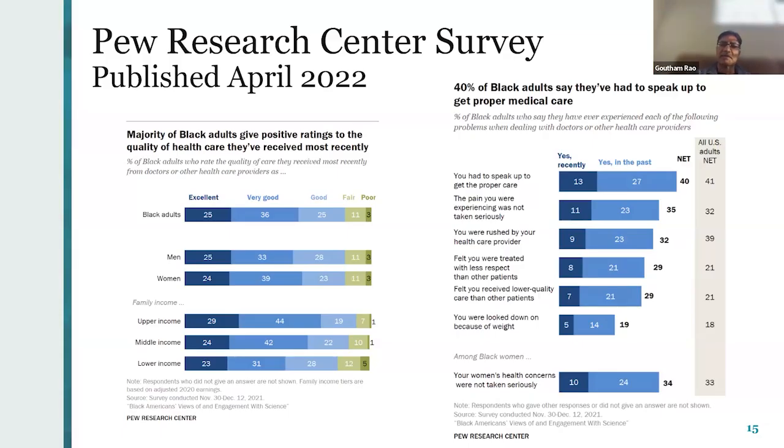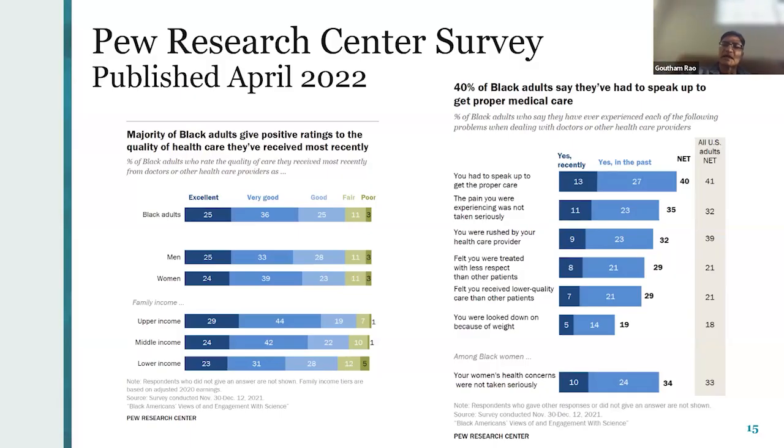What struck me about this Pew Research Center survey, and Pew is a very reliable survey purveyor, is that there's not a lot of difference in how satisfied people are, or how high quality they think care is, between Black adults, men, women, and income levels. If you look at the right-hand column of the slide, you'll see that among all U.S. adults, if anything, Black adults are actually more satisfied with care. But there are, of course, for everybody, huge opportunities for improvement.